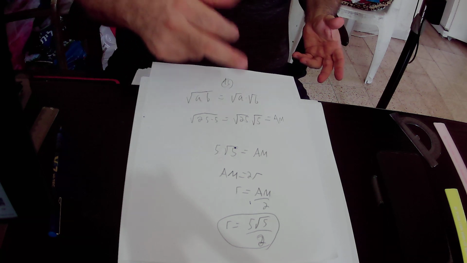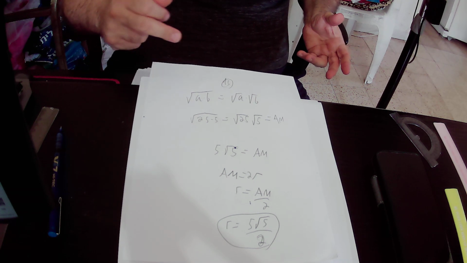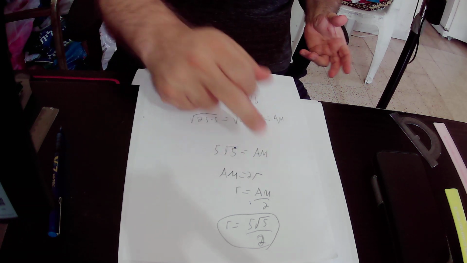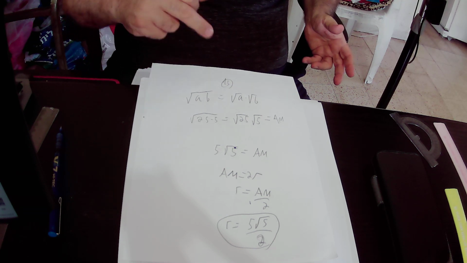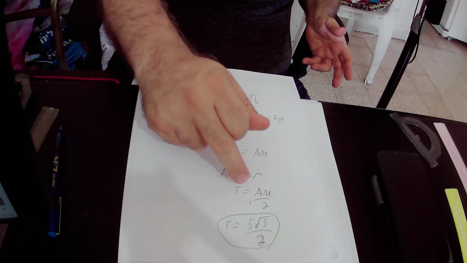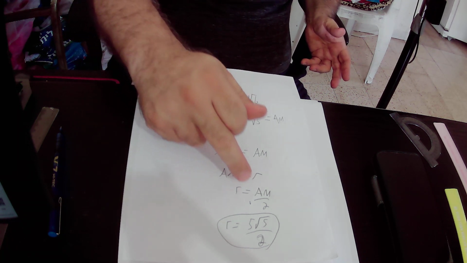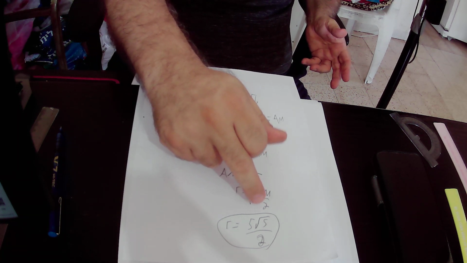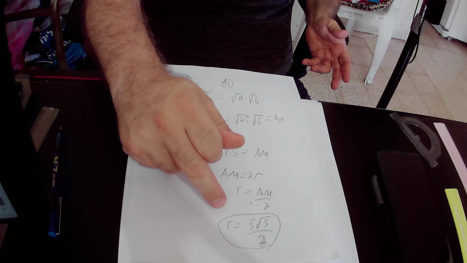The diameter of any circle equals 2 times the radius of the circle. Okay, so we can write that AM equals 2 times the radius. Therefore, the radius itself equals AM over 2. Okay, so AM, that equals 5 times the root of 5, over 2 is the radius of this circle.